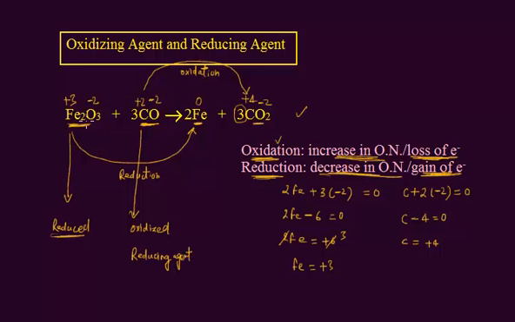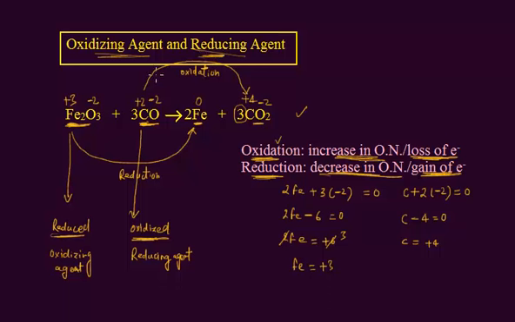On the other side, carbon is being oxidized in this reaction, and since it is being oxidized by Fe atom, and Fe is oxidizing carbon, that is why Fe is acting as an oxidizing agent.